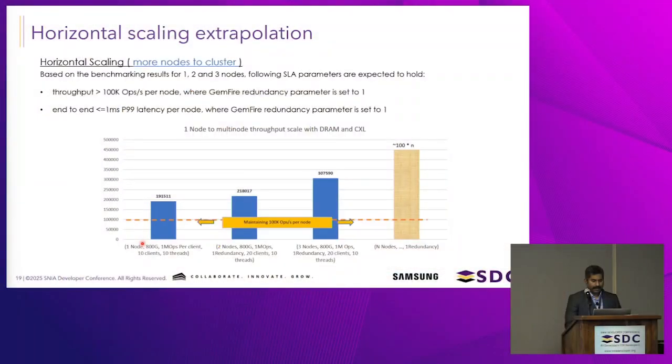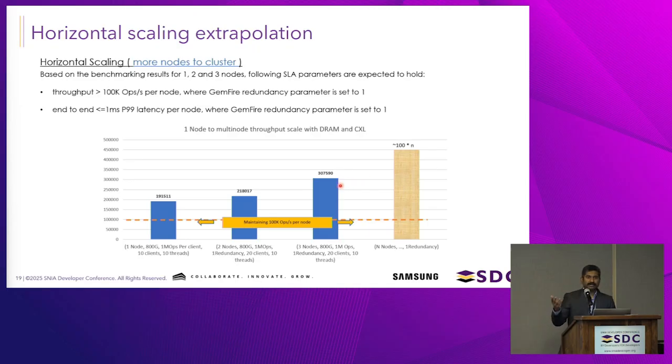Moving forward, we did some extrapolation because, as I mentioned earlier, the actual system is pretty large and we just did it for 3 nodes. So how does the trend look when we scale out? We had numbers for a single node, a 2 node system, and a 3 node system, and we could see how the throughput keeps scaling as we added more nodes.